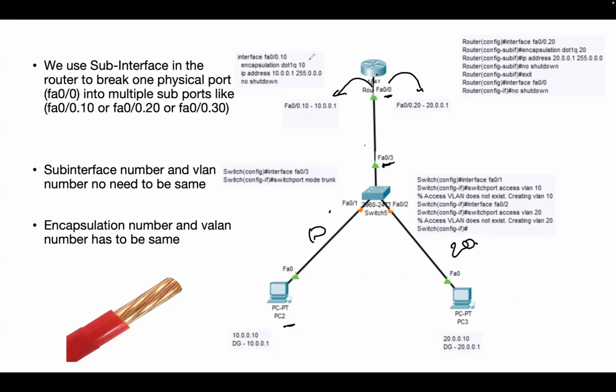Once we broke them, we are encapsulating with dot1Q encapsulation, dot1Q 10 and dot1Q 20, so that traffic can come in via one and go out via the other. So the router basically does routing between VLAN 10 and VLAN 20.